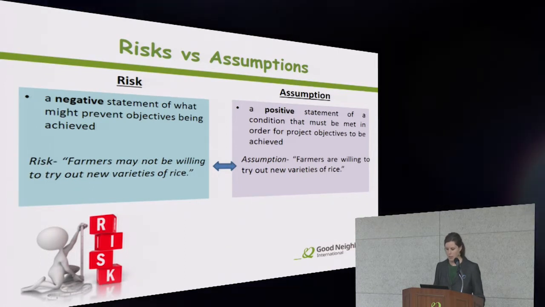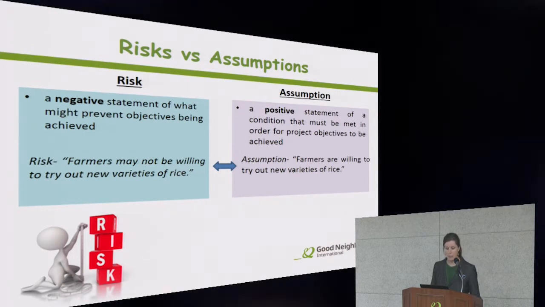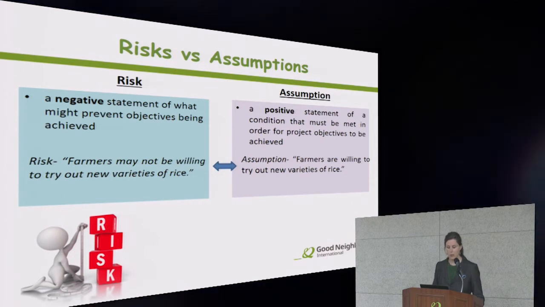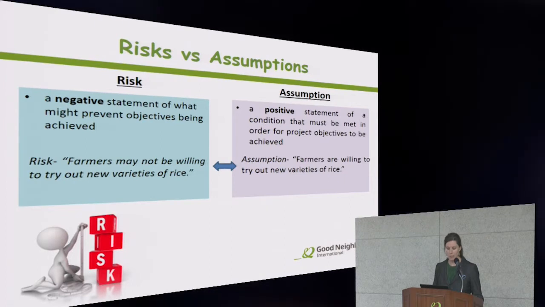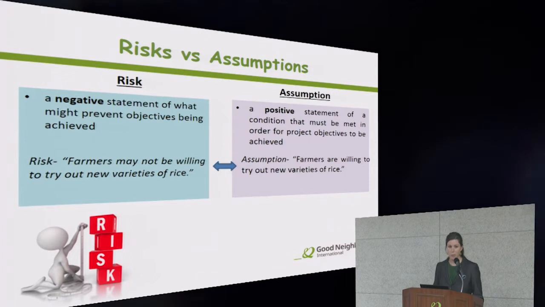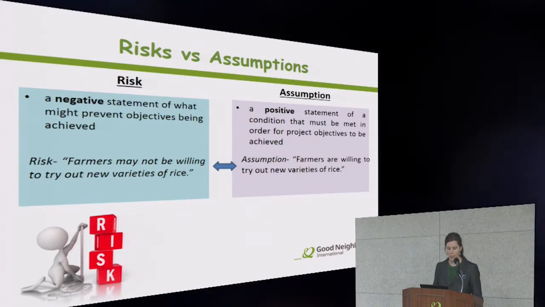Then an assumption, on the other hand, is a positive statement of a condition that must be met in order for the project objectives to be achieved. So opposite of the risk, the assumption would be that farmers are willing to try out new varieties of rice. So in order for our project to be successful, we're assuming that farmers are willing to try new varieties of rice.